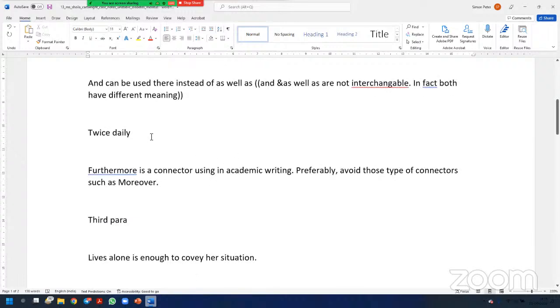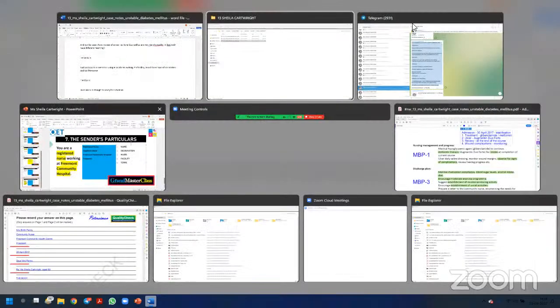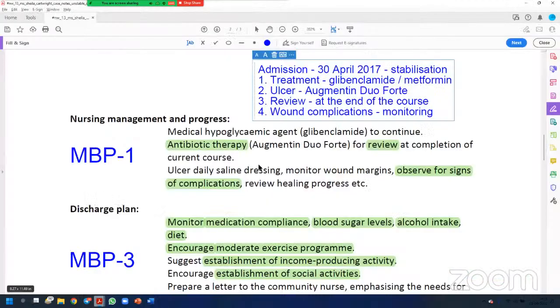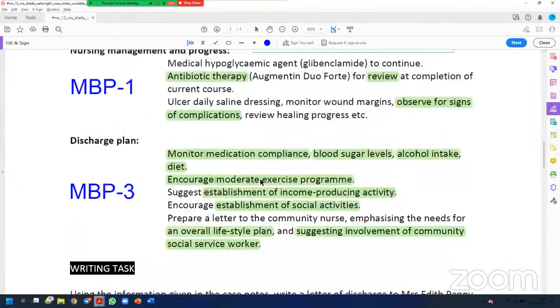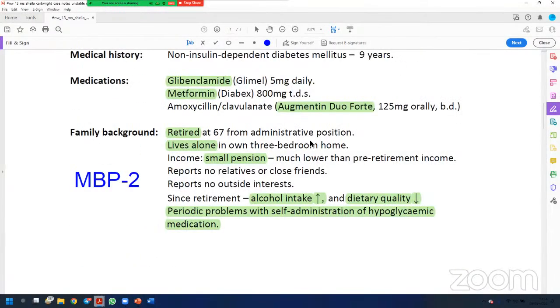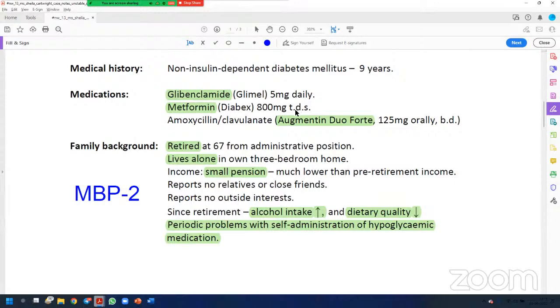So twice daily. What is twice daily? Now let us see here. We'll take the case note here. And twice daily. TDS. What is TDS? 500 mg daily, and this is twice.